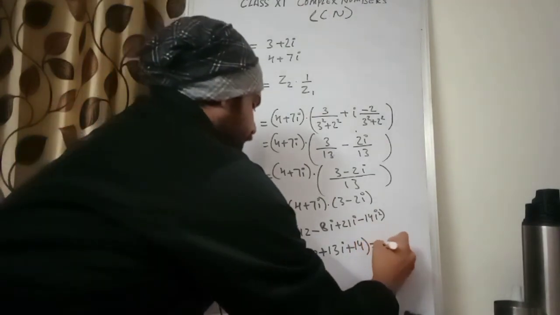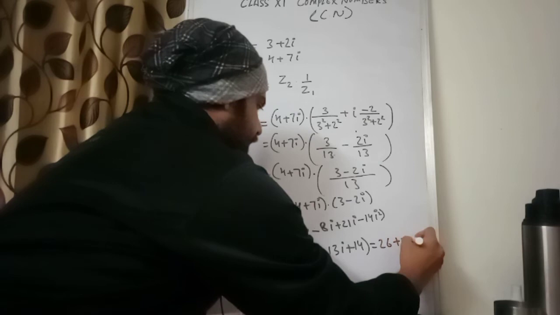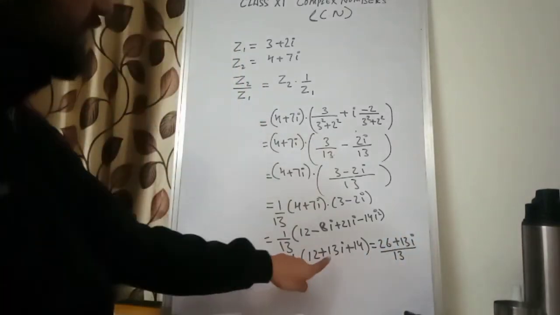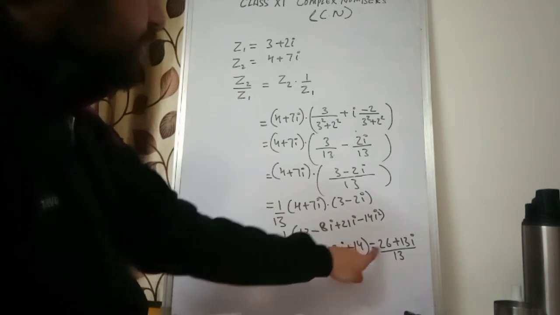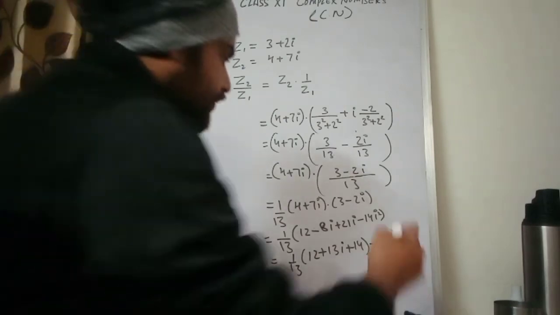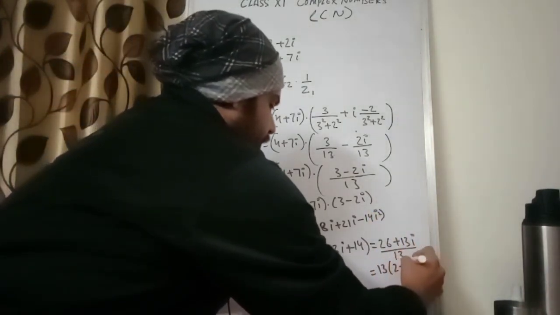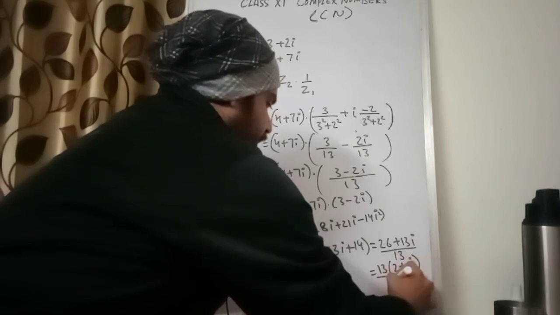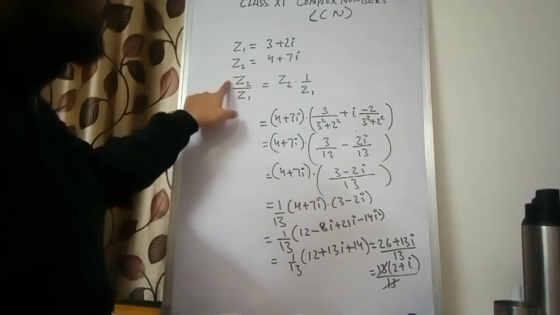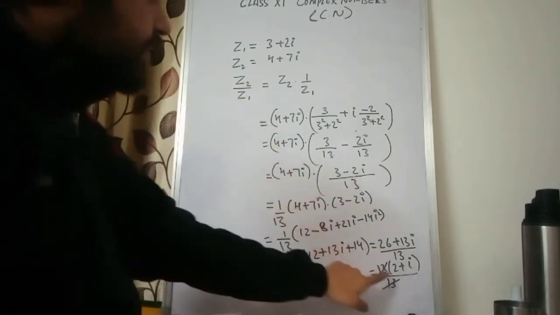So ultimately what we are getting is 26 plus 13i upon 13. We can take 13 out from the numerator. So if I take 13 out, what will be left inside? 2 plus i, and 13 will cancel each other. So when z2 is divided by z1, you will get the answer as 2 plus i.